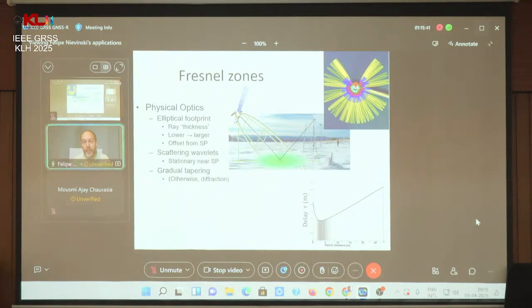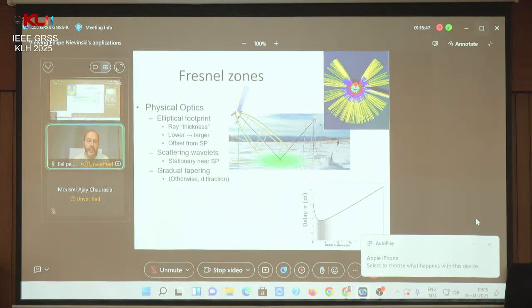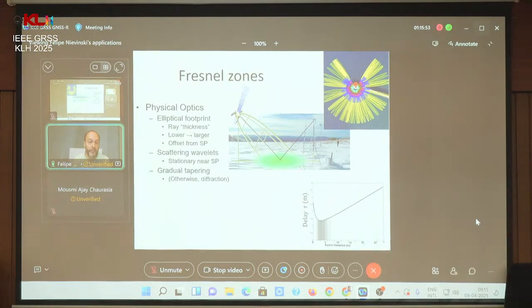And the area of these zones, the reflection Fresnel zones, is smaller for satellites that are near zenith. So for satellites that are near zenith, the reflection will be coming from close to the antenna in a small region.